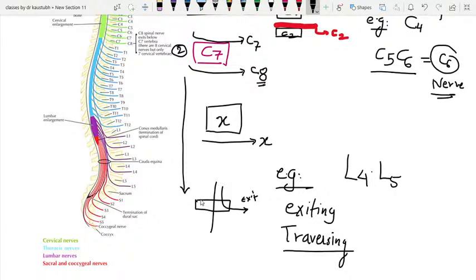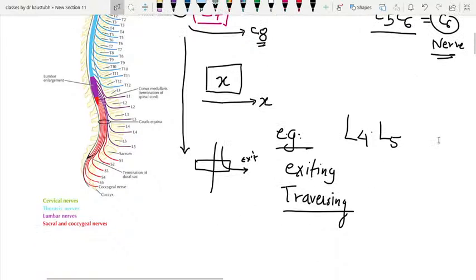Now at the level of L4 L5, which will be the traversing nerve and which will be the exiting nerve? I told you that after C7, in any column till coccygeal, which includes lumbar, the nerve leaves below the vertebra. So between L4 and L5, which nerve is going to be there?